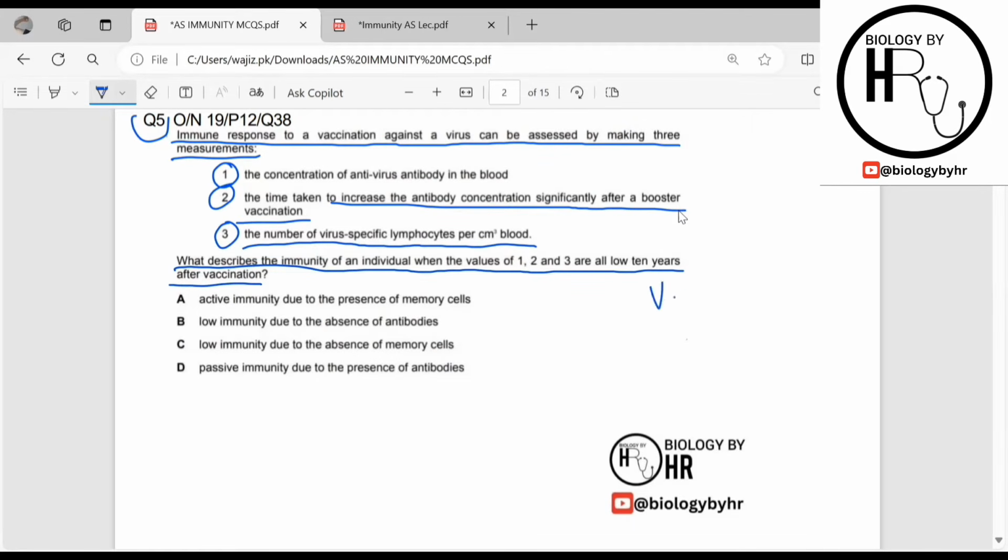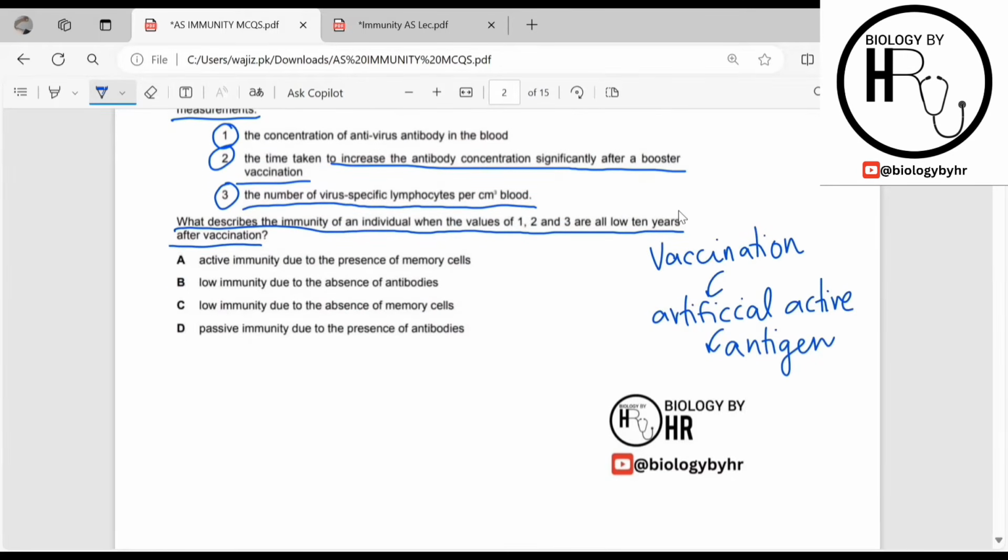If we talk about the vaccination over here, we know that the vaccination is a type of artificial active immunity. Why? Because in the vaccination, the weakened antigens are injected into the body of the person, right? And the antigens do not enter the body naturally.